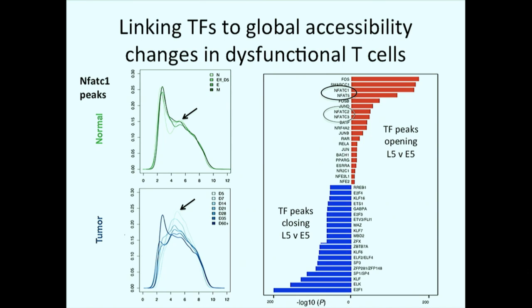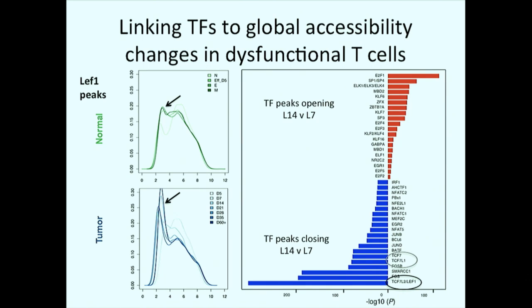And you can do a statistical test to ask what are the transcription factors whose peaks are opening in day 5 in the tumor versus day 5 in normal differentiation. And in fact, you get NFAT-C1 and a whole bunch of other NFAT family transcription factors. Many things are happening, and there are other transcription factors whose program is closing, but I'm just going to focus on this and have you remember the NFAT family transcription factors opening up.